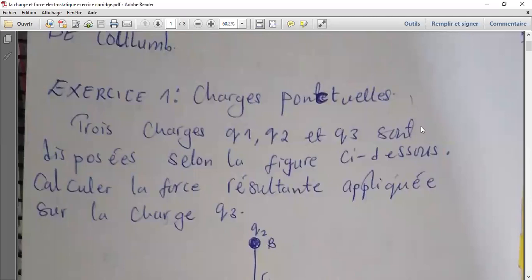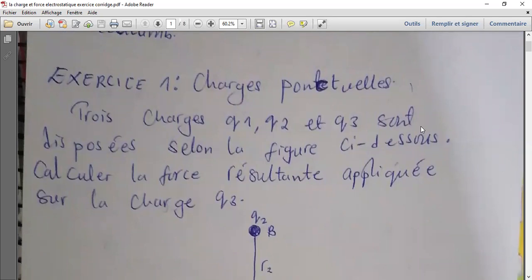They are not charges which you find everywhere or at all places, but they are just fixed, and you can easily point them out. You can easily identify them because they're isolated. In other terms, they are isolated. So we have exercise 1, which is under charge punctual.